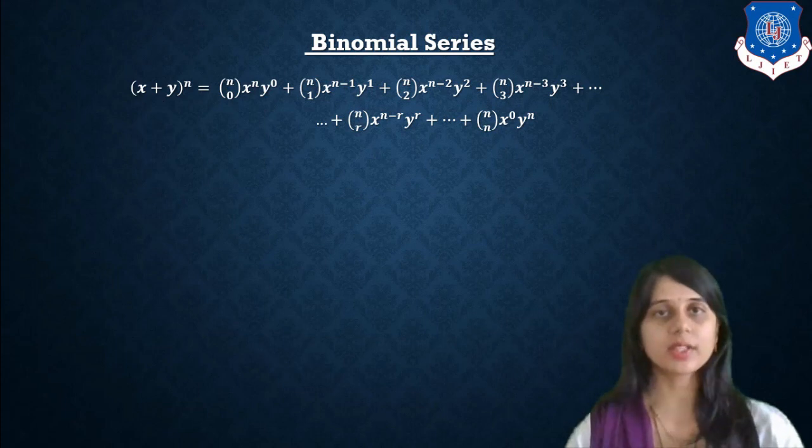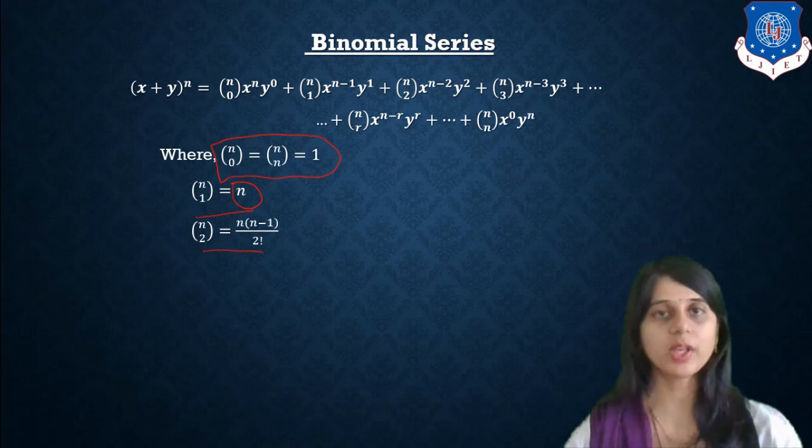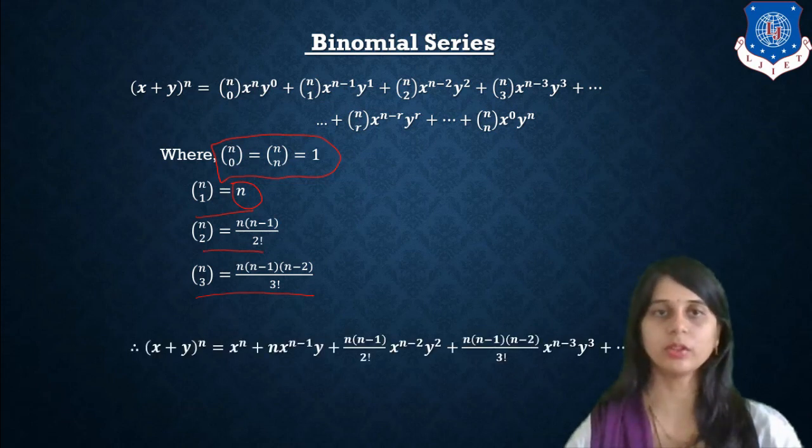Now, as per the nCr formula, nC0 and nCn equal 1, nC1 equals n, nC2 equals n(n minus 1) upon 2 factorial, nC3 equals n(n minus 1)(n minus 2) upon 3 factorial.